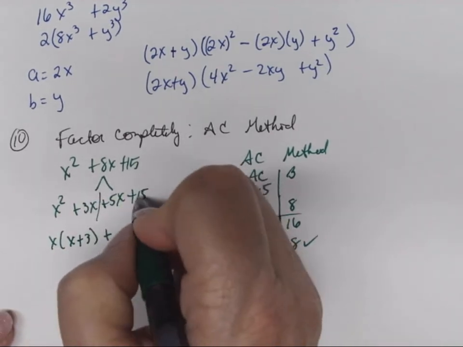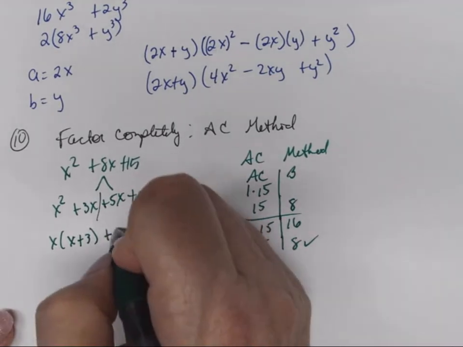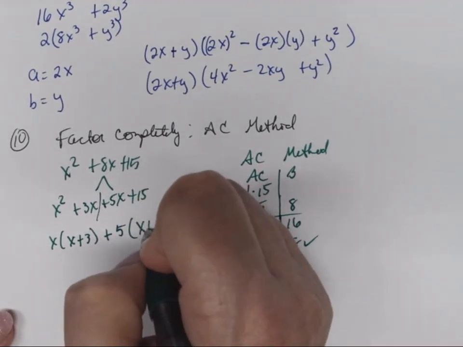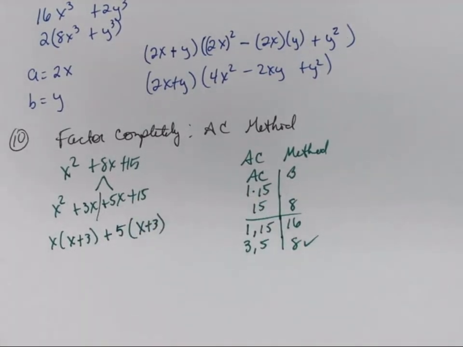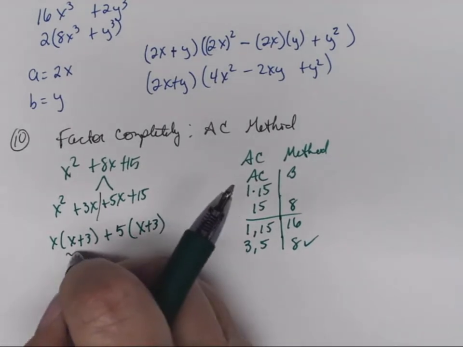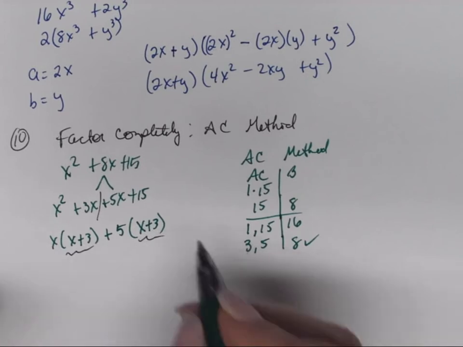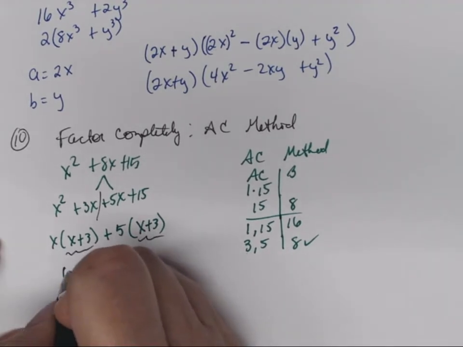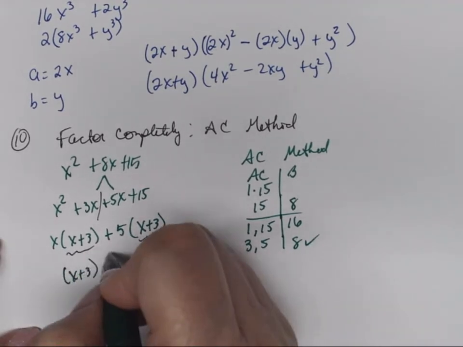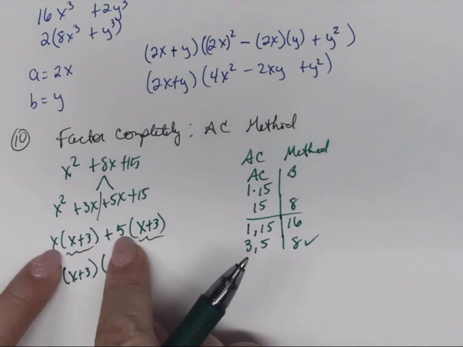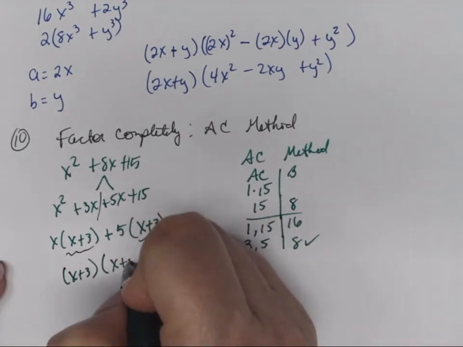Bring down the plus sign. Between 5x and 15, they have a factor of 5, and I get x plus 3. We know we did it right if what's in the parentheses match. Well, they're both x plus 3, so now I have a factor of x plus 3 in common, and I group together the x plus 5 that are out front.